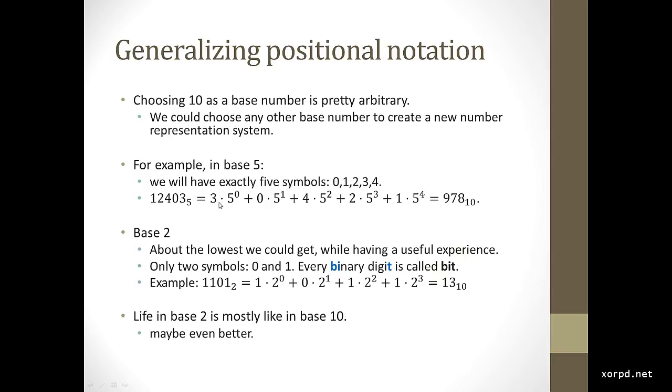If you calculate this, you are going to get 978, which is the result in base 10. We can say that we need more digits in base 5 to represent the same number, which has only 3 digits in base 10.